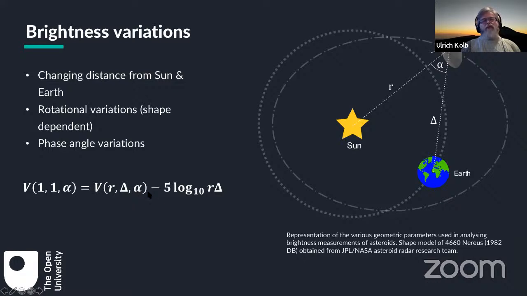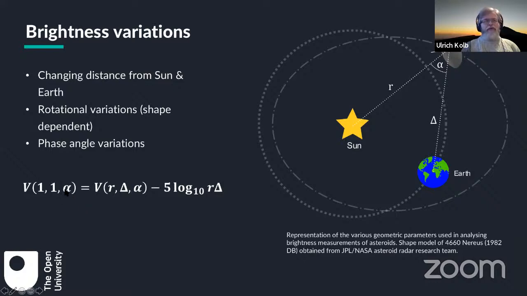And you can now normalize this to obtain what in astronomical terms would be the absolute magnitude of a star, a distance-corrected magnitude, by removing the log of r times delta, essentially, and convert this to a standardized V at a distance from the sun of 1 AU and from the Earth of 1 AU, and you're left with only the variation of a sort of corrected or calibrated V magnitude as a function of angle alpha.